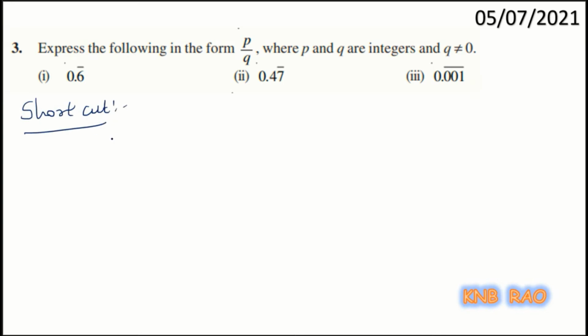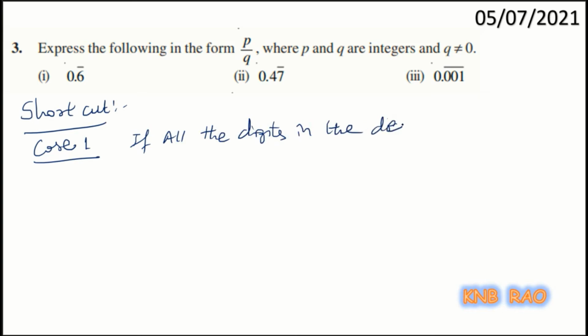There are two cases. Case 1: if all the digits in the decimal portion are recurring.